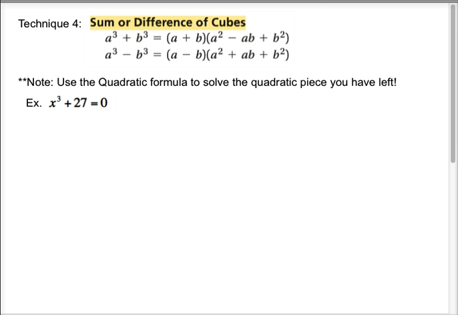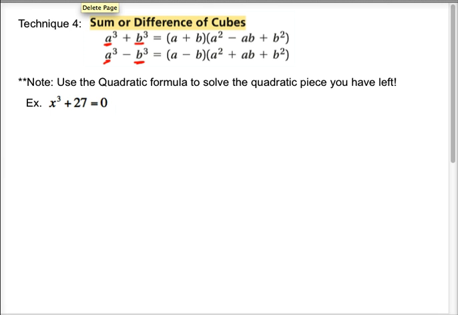Now, the second technique that we are going to talk about today is called the sum or difference of cubes. Okay, now, this is going to be a little bit to wrap your minds around. So, please pay attention carefully. Sum or difference of cubes. This works when you have two things that are cubed, either being added or subtracted, okay?